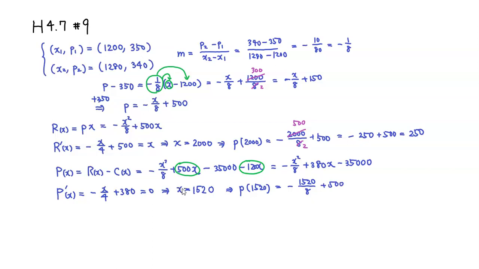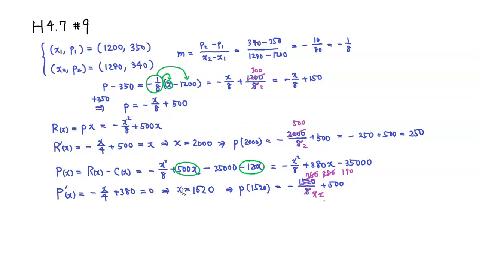Is this a nice number? Maybe divide by 2, so it's going to be 760, divide by 2, so 380, and then divide by 2, so it's going to be 190.